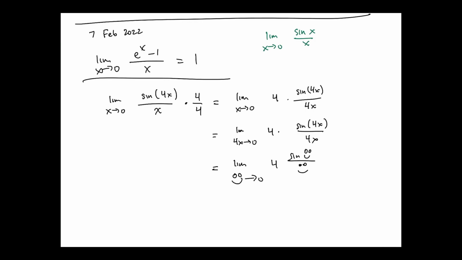Well, what's the limit of this thing, based on what we had from before? 1. Okay, so if that part is 1, what do you think the whole thing's going to be in this case?